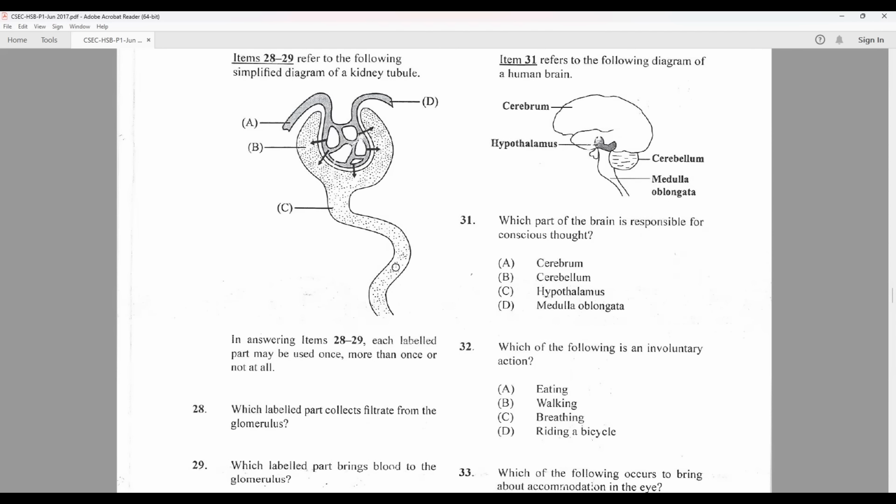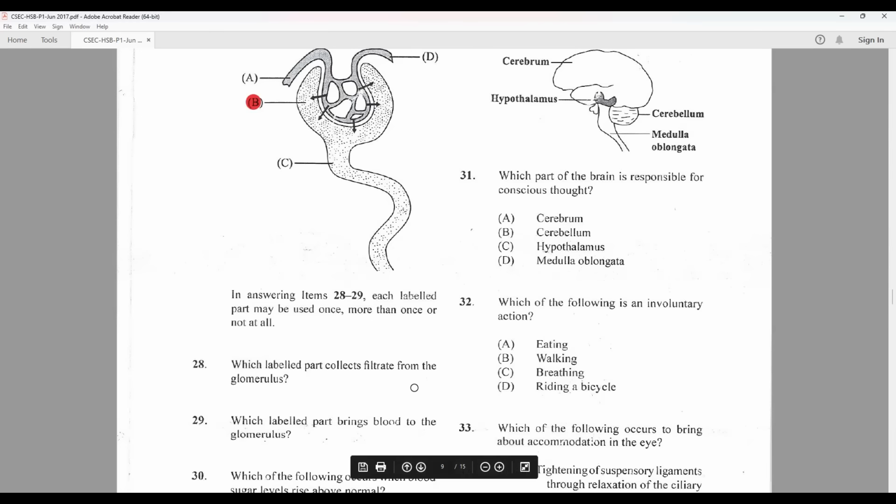If we have the glomerulus here, we have the Bowman's capsule. We know this is the afferent and this is the efferent arteriole. So you see it coming out right here. You see where the arrows are pointing, which is right here. So that gives us our answer as B for 28.